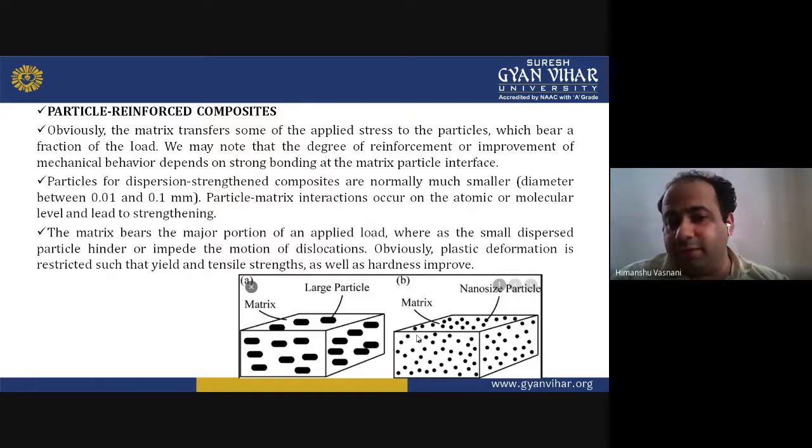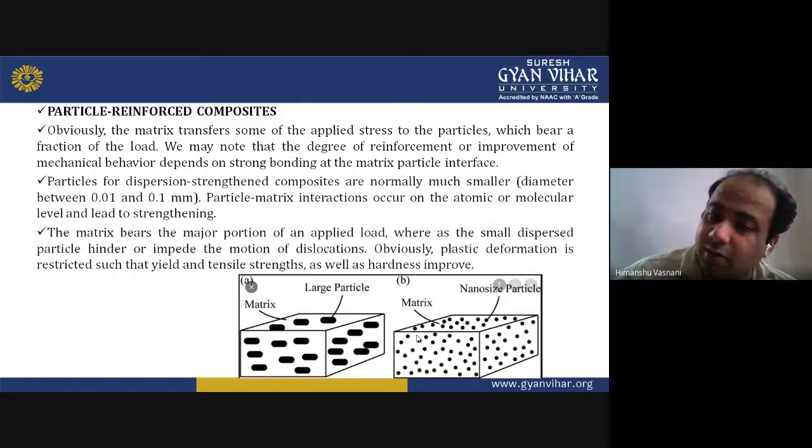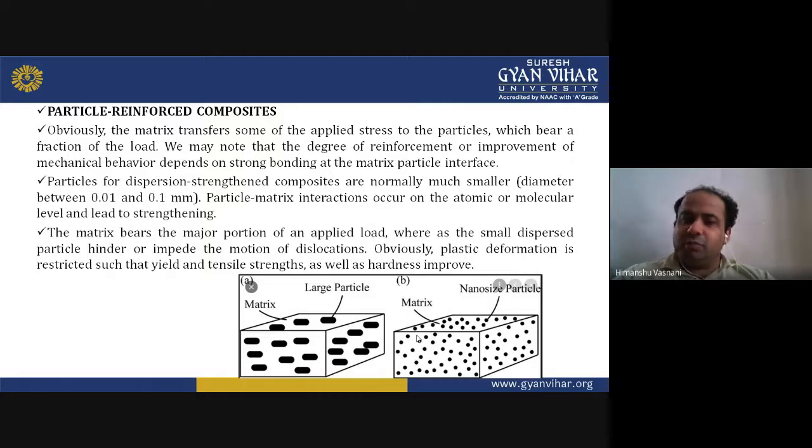So the matrix bears the major portion of the applied load, whereas these small dispersed particles hinder or impede the motion of dislocations. Obviously, the plastic deformation is restricted such that the yield and tensile strength as well as the hardness improve.